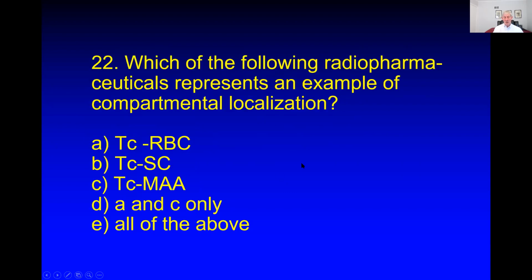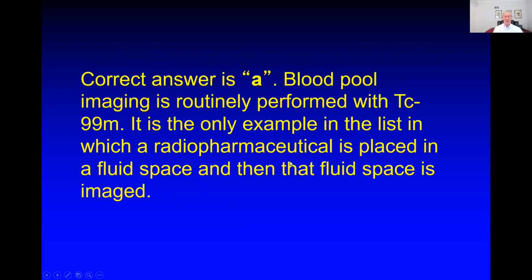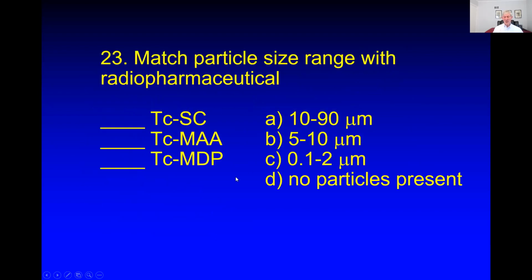Okay. Which of the following represents compartmental localization? A only, sure. These two contain particles and they have totally different mechanisms. Okay. Let's match up the particle sizes. First of all, for sulfur colloid, sulfur colloid is C, 0.1 to 2.